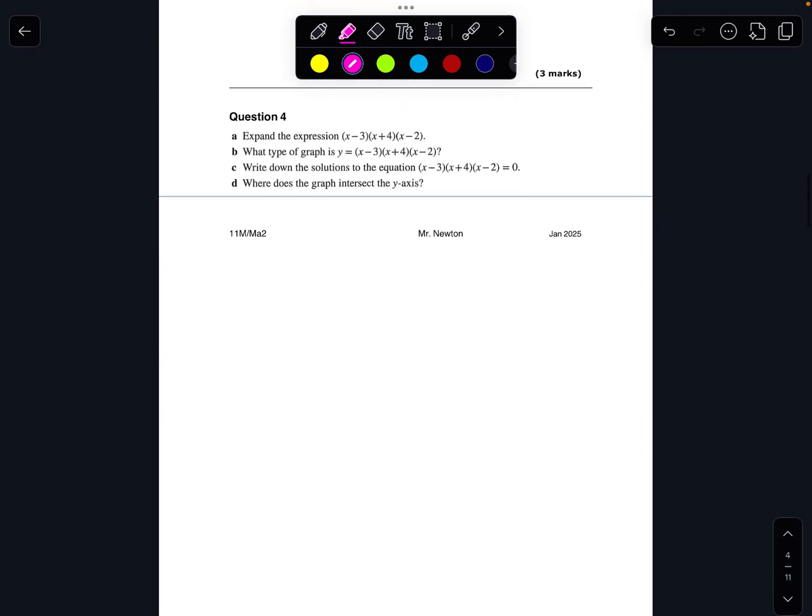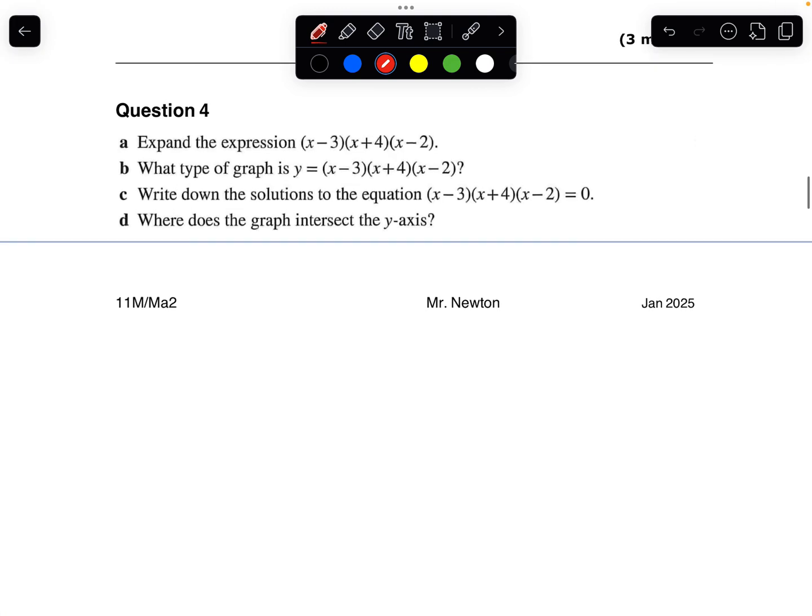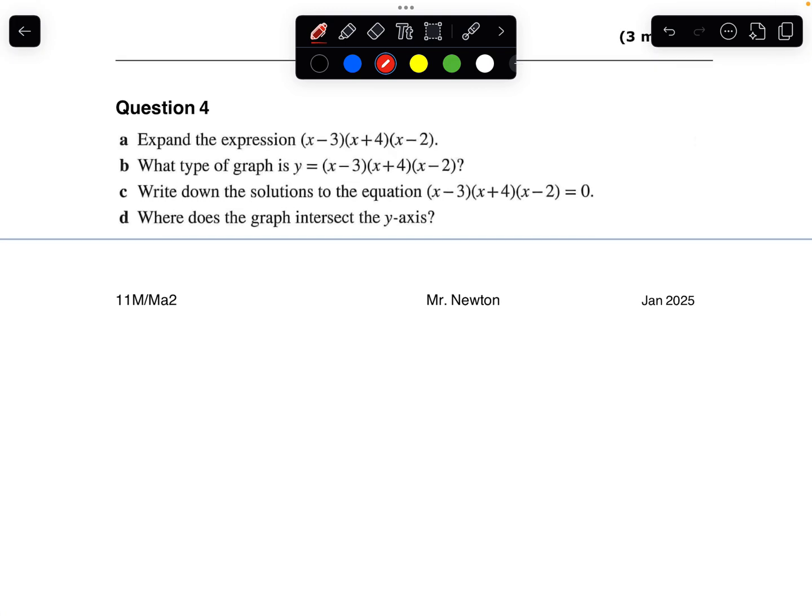Right, question 4. Expand the expression this. Most people got that right, so let's go nice and quick. We're going to first expand the first bracket, x squared plus x minus 12.